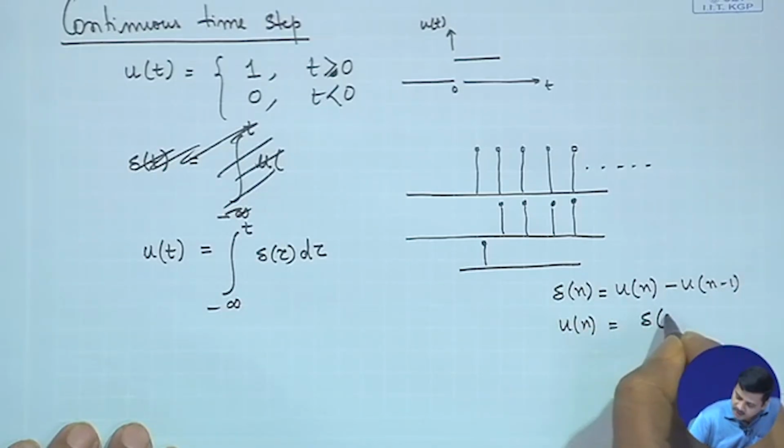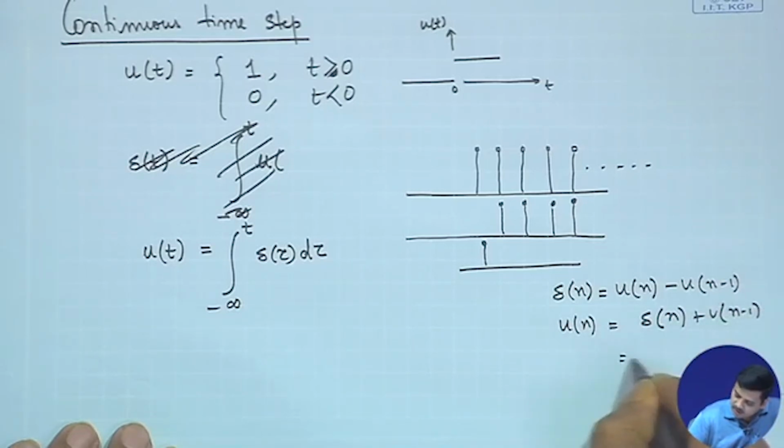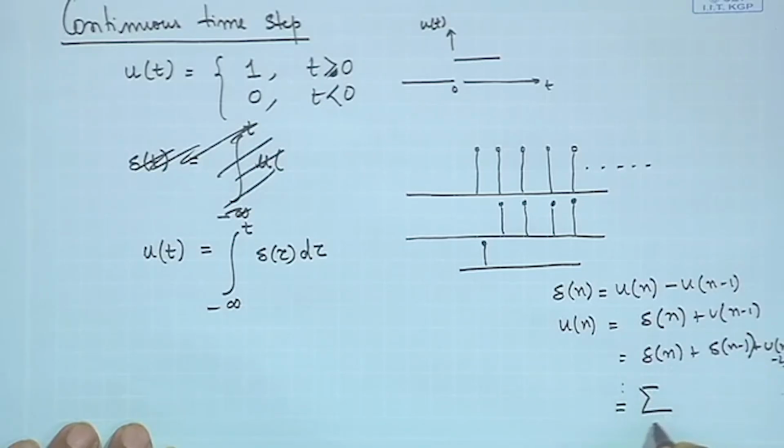So, basically I could write delta n plus u of n minus 1, which is equal to delta n, again the recursive definition, delta n minus 1 plus u of n minus 2, and so on, which you could define in a recursive manner. u of n is equal to the summation over m from minus infinity to n of delta m.